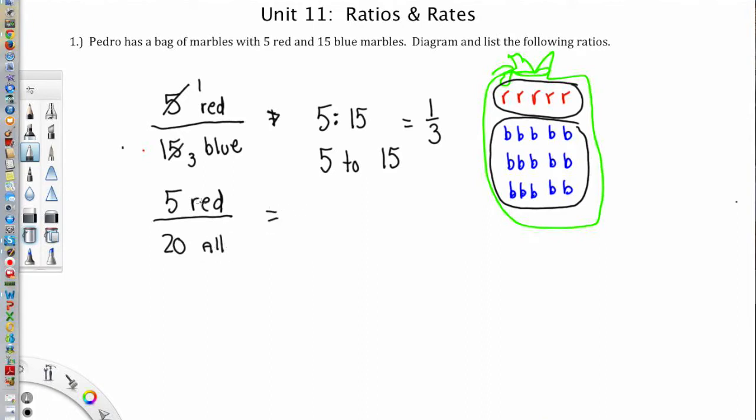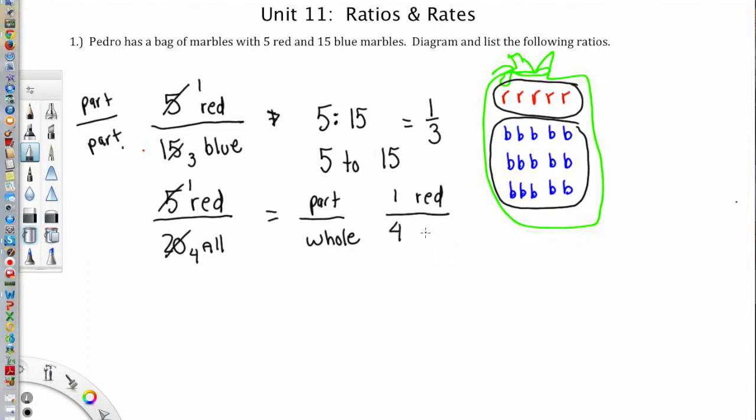This is called a part to whole ratio. Up here, this was a part to part. Okay, and this we could also reduce. 5 goes into 5 once, 5 goes into 20 4 times. This would be 1 red marble for every 4 marbles in the bag, or all together.